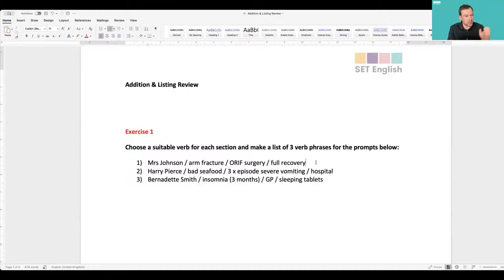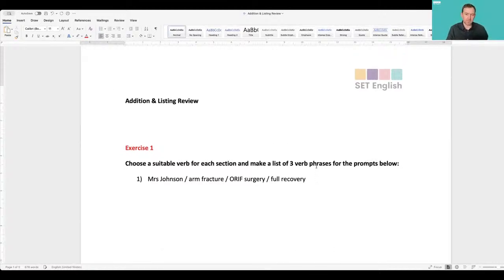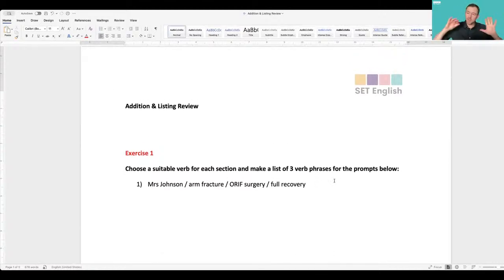So depending on what order you put things in, we'll see. Let's start with number 1. You can choose any of the ways of adding that we've discussed. Please put it together. There are 3 verb phrases here that need to be done. You can do it in one list. You can do it in two sentences if you want. You can use a noun linker, you can use a verb linker. That's up to you. Let's just see what you produce.